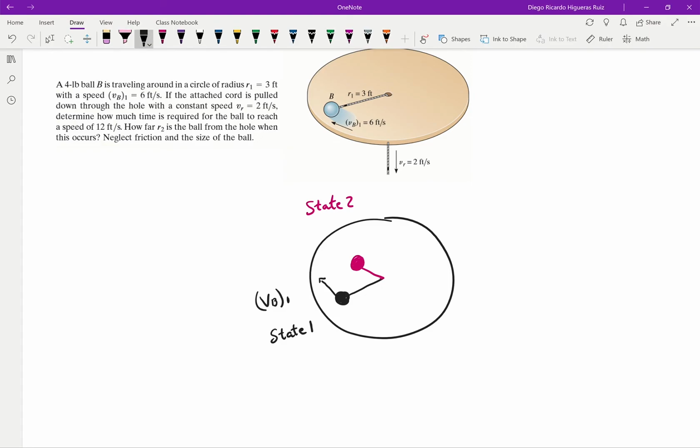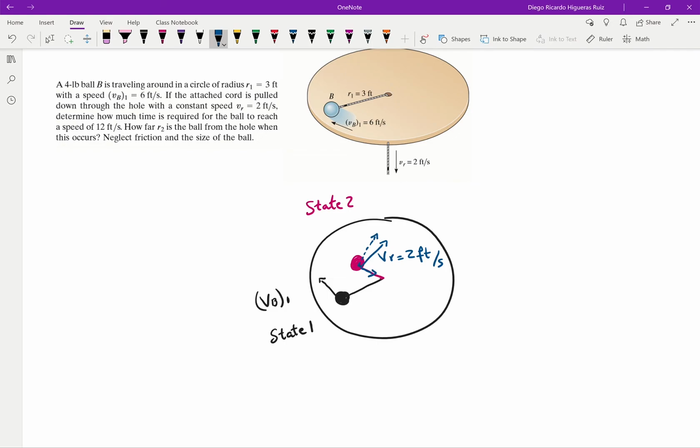Now for state 2, we're going to have this velocity, which is Vr equal 2 feet per second, and the total velocity goes like something like that, because we still need to calculate this velocity right here.